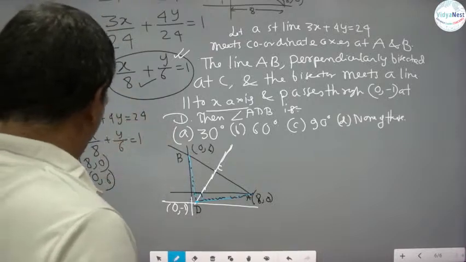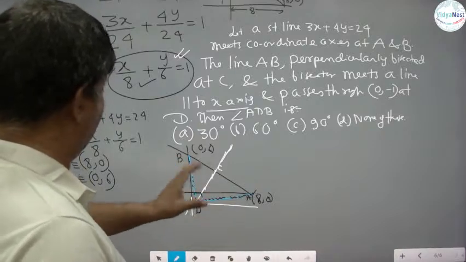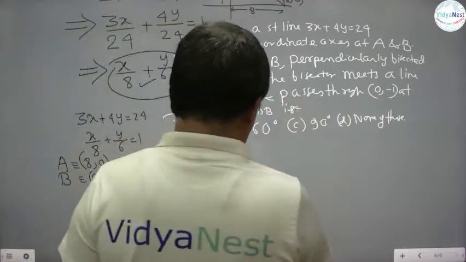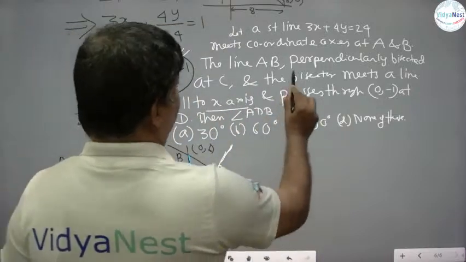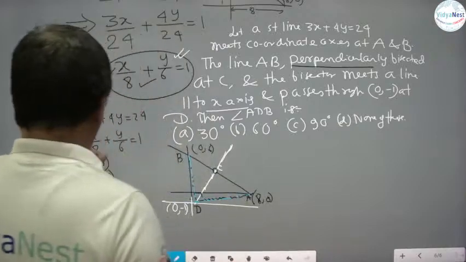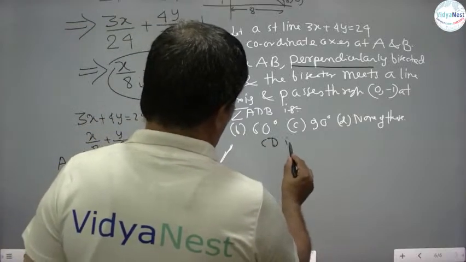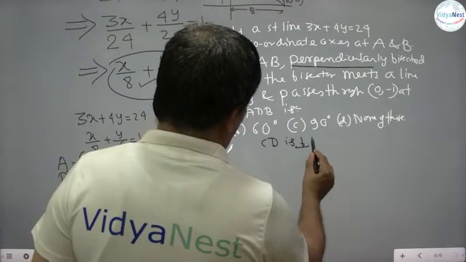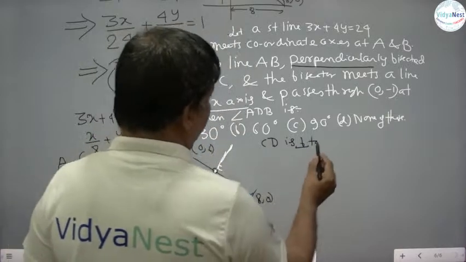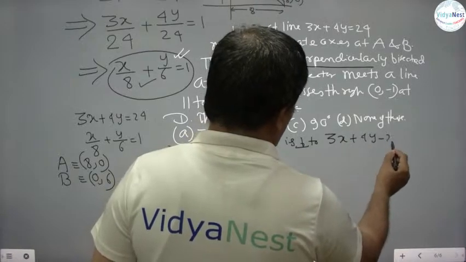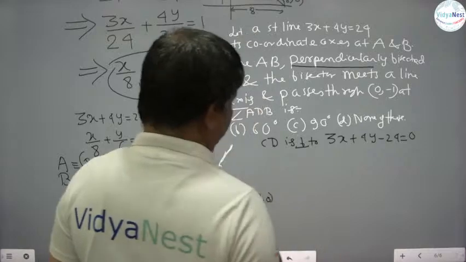Now, the equation of the line is given. CD is not only the bisector but also perpendicular. And we know here CD is perpendicular to 3x plus 4y minus 24 is equal to 0.